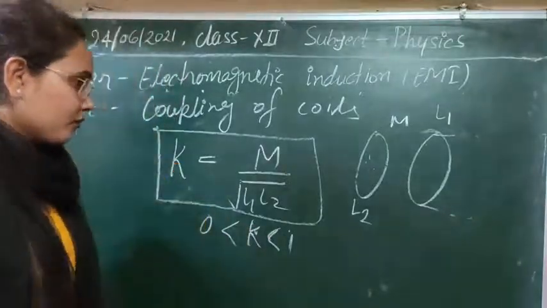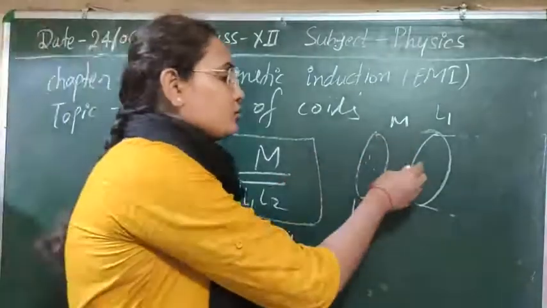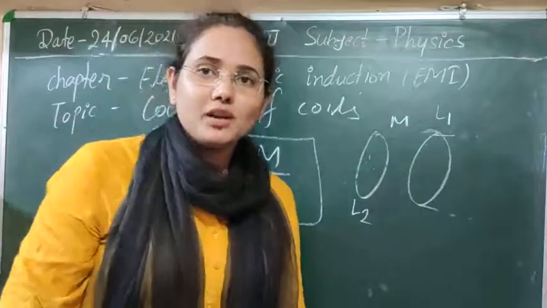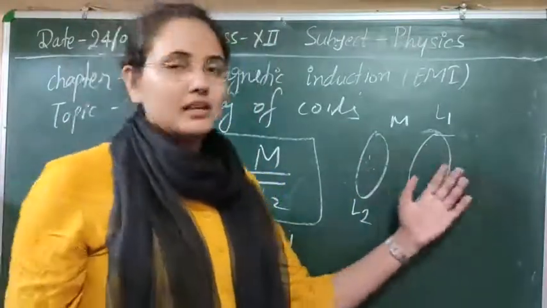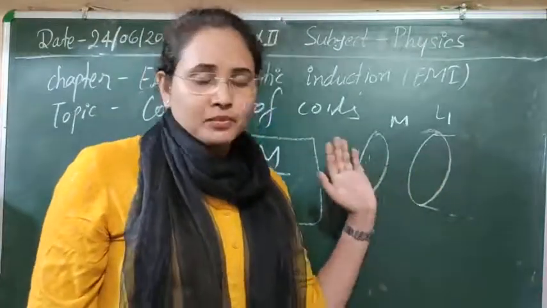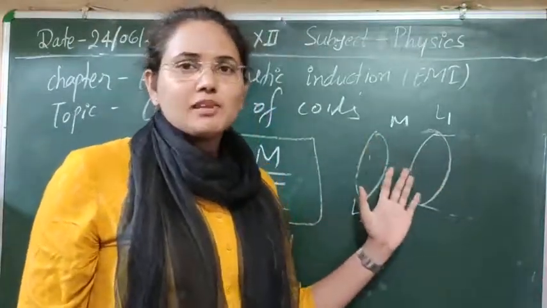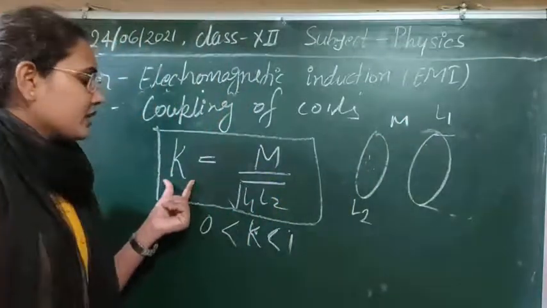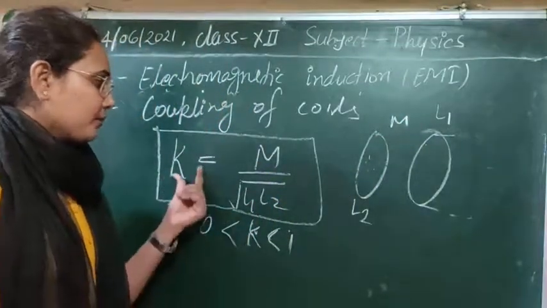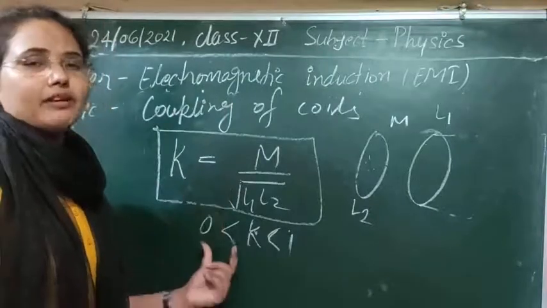Obviously if there is no coupling between these two, suppose we have kept the separation of these two coils sufficiently large, then for large separation they will behave independently, so M will be 0 there. For zero M, K is equal to 0. So for no coupling, K will be 0.